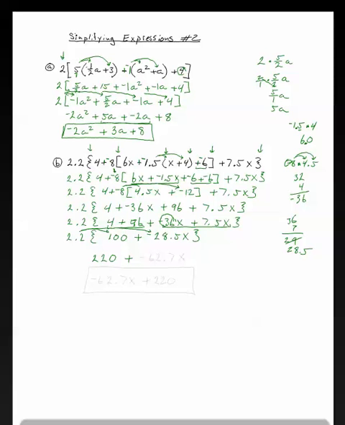But the 2.2 times negative 28.5, you may need to grab your calculator for that one, but it's negative 62.7x. And then of course we want the x term to come first. We want to write these in descending order of degree. So we're going to rearrange this to make it negative 62.7x plus 220. And we're done.